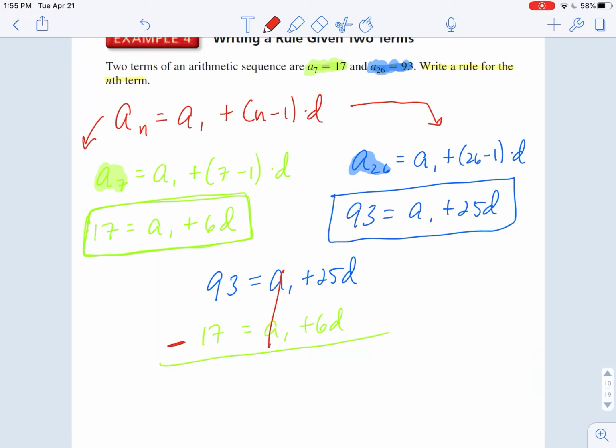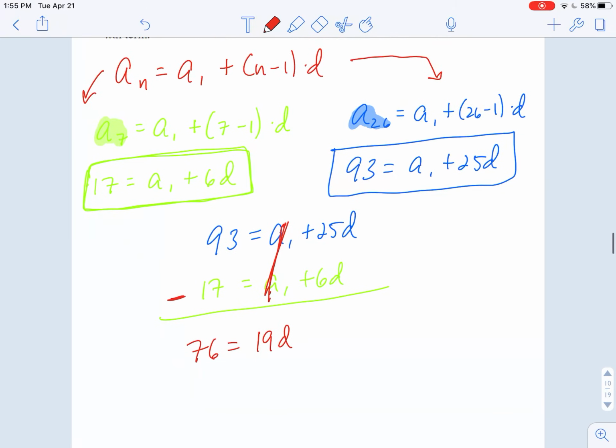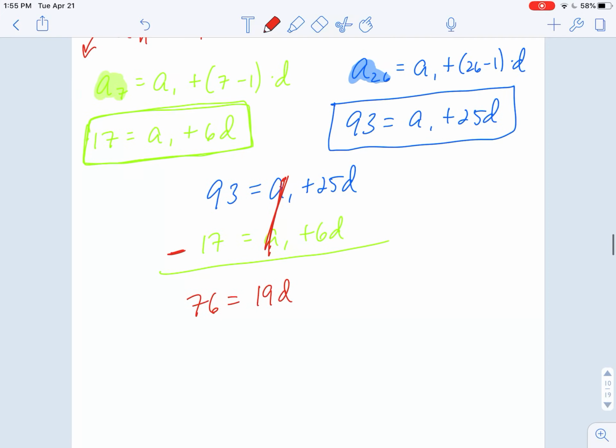So 93 minus 17 is the value of 76. A sub 1, of course, as we said earlier, cancels out. And 25d minus 6d is going to be equal to 19d. And we're going to solve for this by dividing both sides by 19. It looks like d is 4. So we've got one of our two variables solved for.